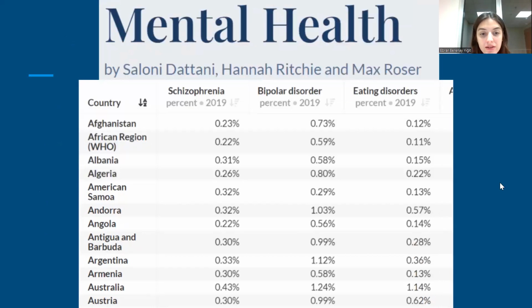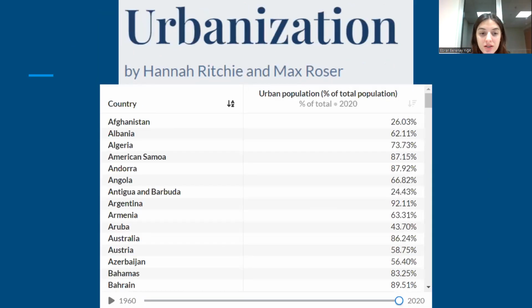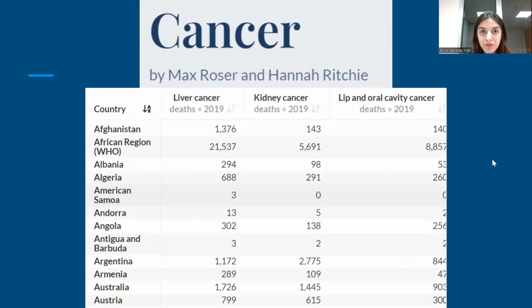Second one, the mental health dataset provides insights into different mental health conditions such as drug use, anxiety, alcohol consumption, and depression. By analyzing this data, we can examine the connection between mental health and other factors such as urbanization and air pollution. The urbanization dataset helped us to capture the distribution of the population into urban and rural regions, which helps us understand the relationship between urbanization and health outcomes.